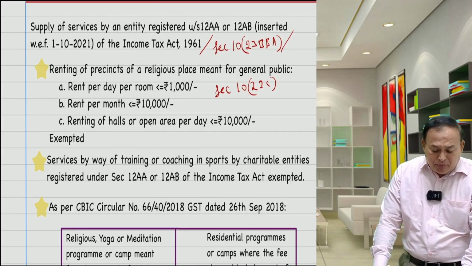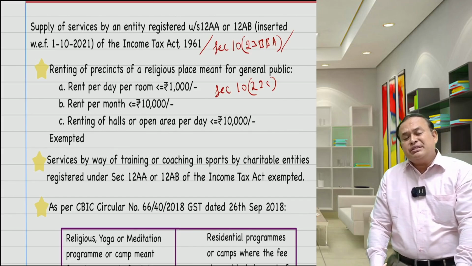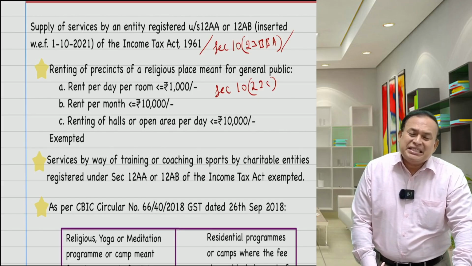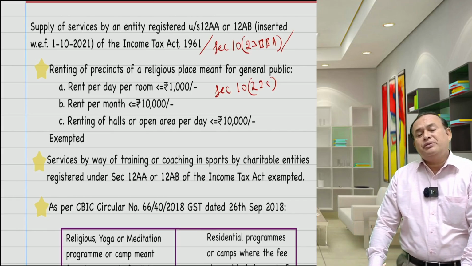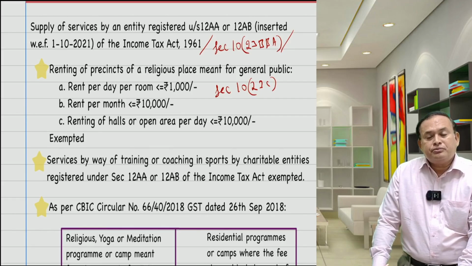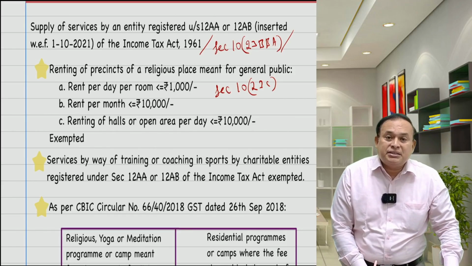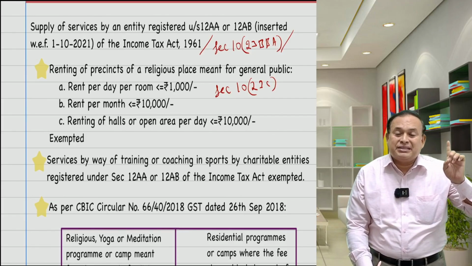Further, if they are offering short-term accommodation services per day per room basis, which is less than or equal to rupees 1,000, it qualifies for exemption. Who are they? The supplier should be section 12AA of Income Tax Registration.